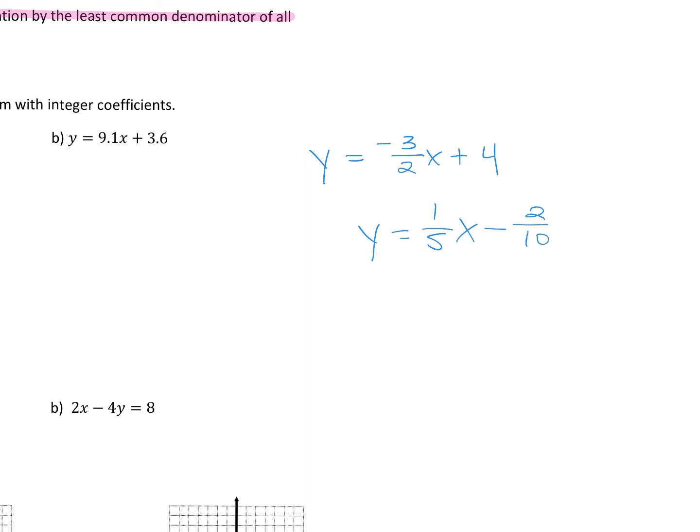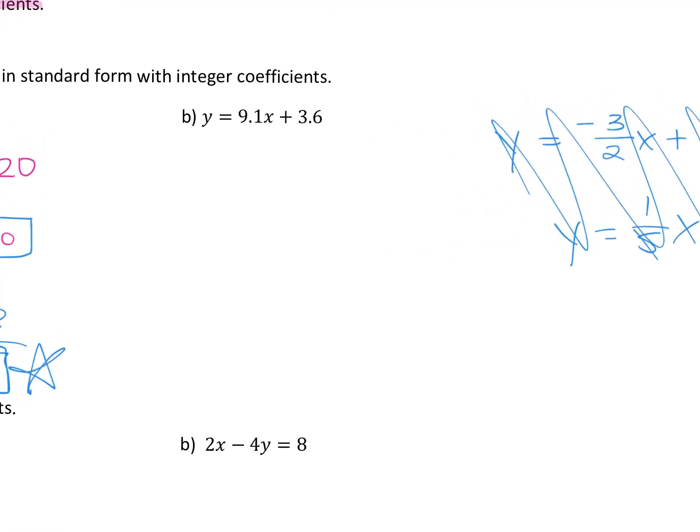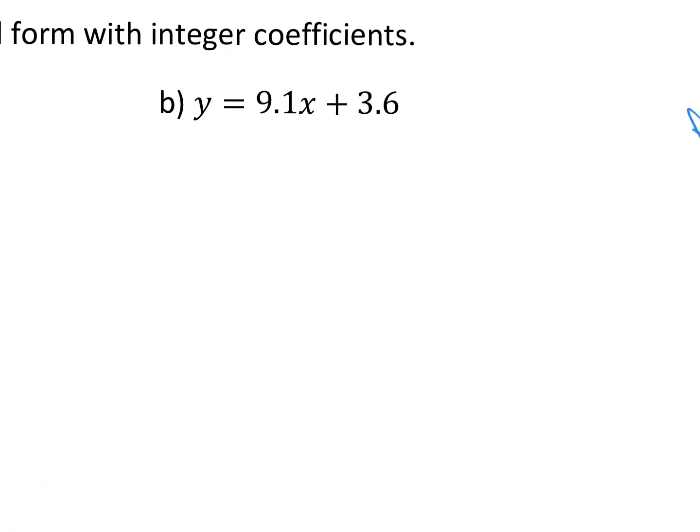What would you multiply everything by? 10, right? If you multiply everything by 10, the 5 is going away and the 10 is going away. So just a heads up on those. Look for what your least common denominator would be. Like we said, we don't want decimals, we don't want fractions. Here's decimals. Any thoughts on what we could do to get rid of the decimals?